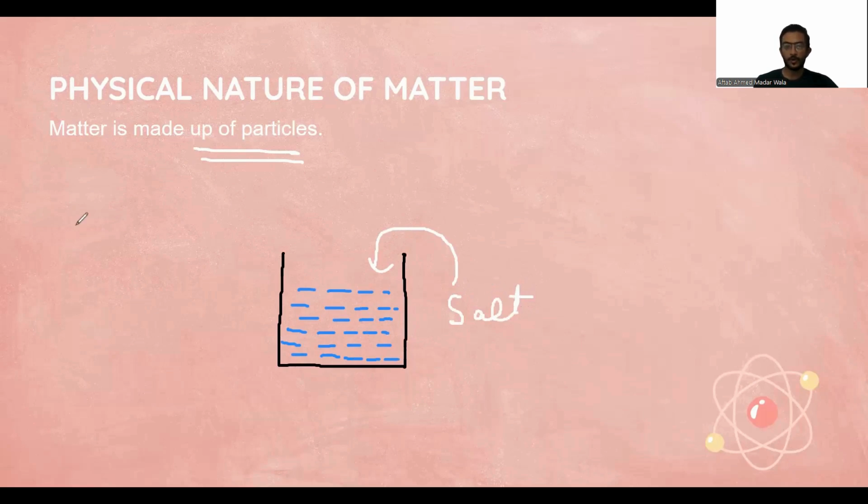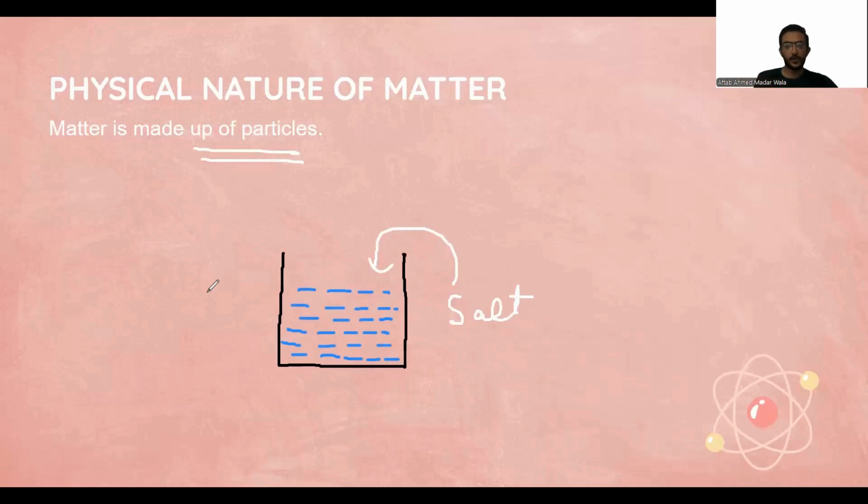Now I'm sure you know that when we add water and salt together and give it a stir, the salt gets dissolved and it disappears from the naked eye. So where did the salt go? When we added it, it was there.